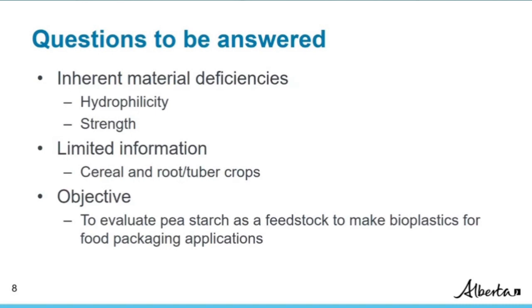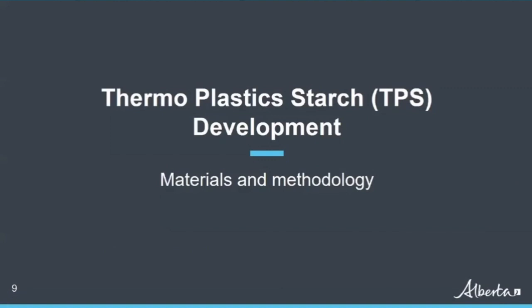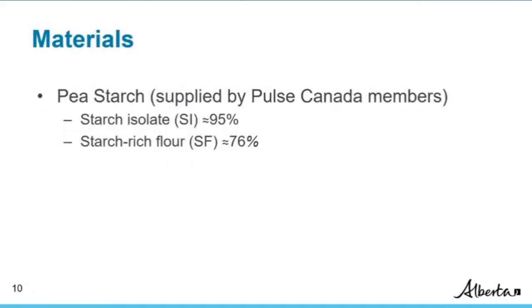So we conclude the objective of this project was to evaluate pea starch as a feedstock to make bioplastic for food packaging applications. So we only do thermoplastic starch within the scope of this project.